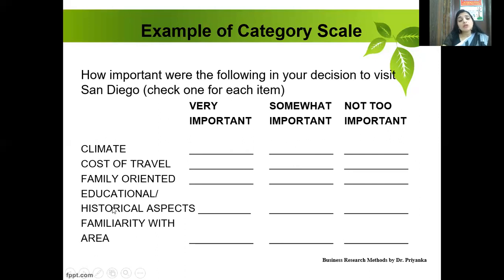For example, whether the country is family oriented or not. Educational, historical aspects of the country. Then familiarity with the area, whether you are familiar with the area or not, right? So how would you rate this? This is actually the category scale. When we were talking about simplified scaling, we could have provided the options just important and not important, right? But we have introduced one more category here, that is somewhat important, that is in between the two options.